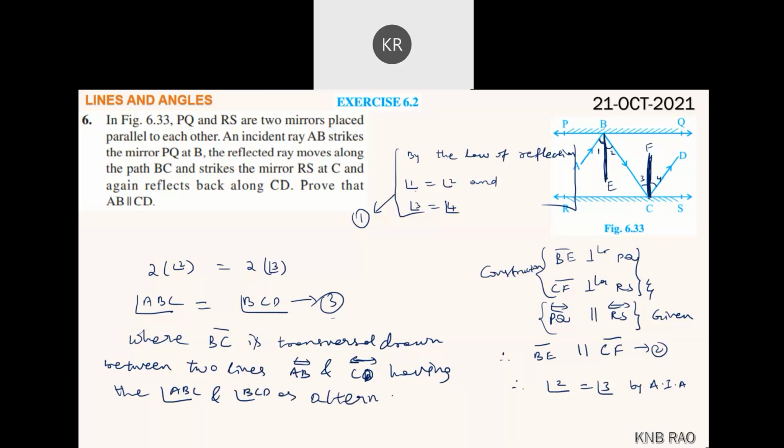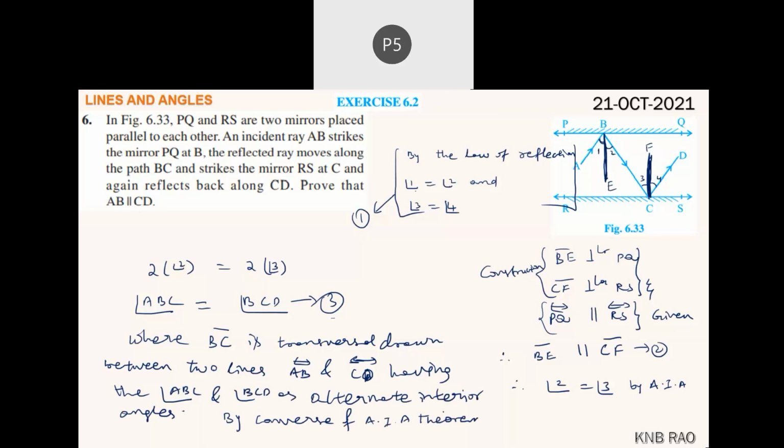Alternate interior angles. Sir, according to theorem 6.4, converse of alternate interior angles theorem, ray AB is parallel to CD, sir.